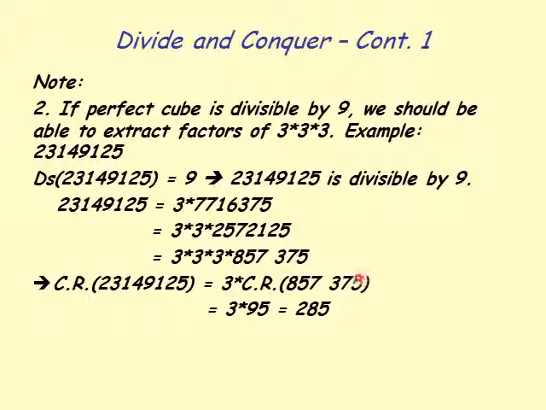From here, right digit is 5, and from here, left digit is 9. So cube root is 3 times 95, which is 285. Let's continue here. So cube root of 231492125 is 285.